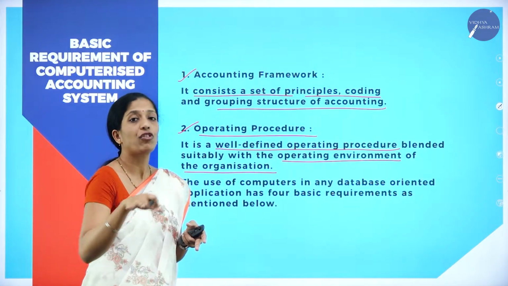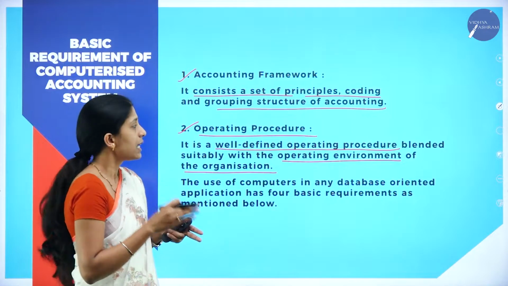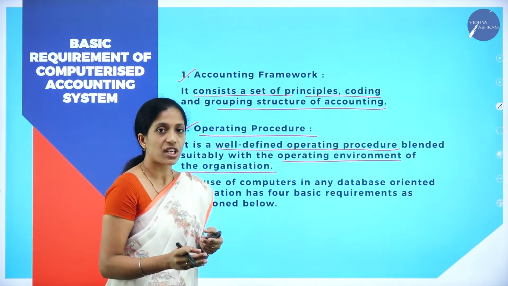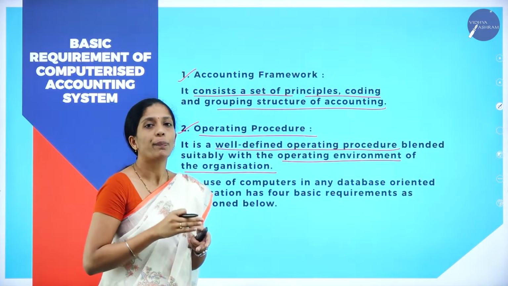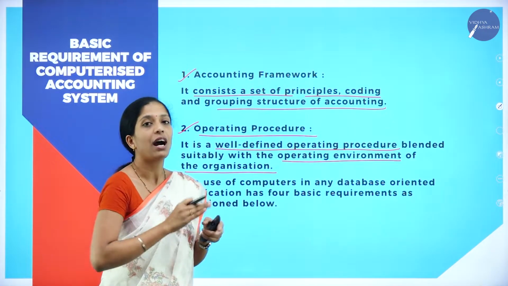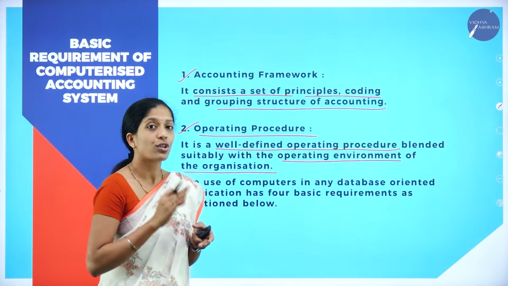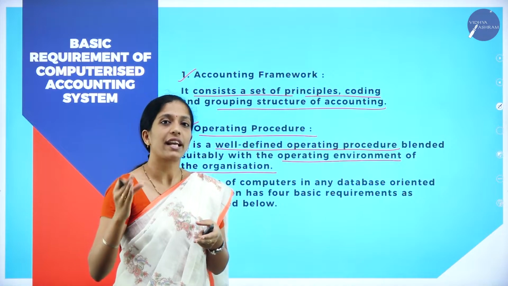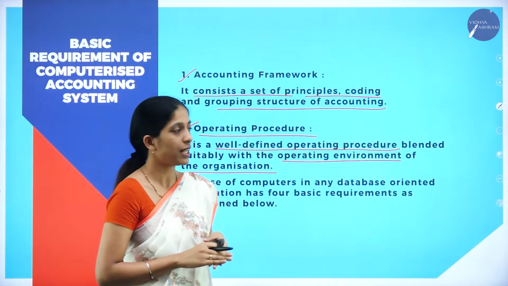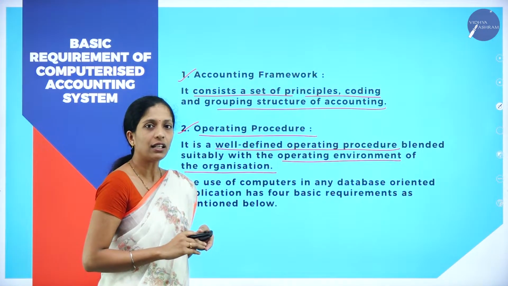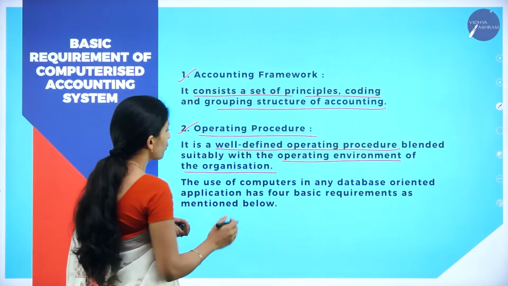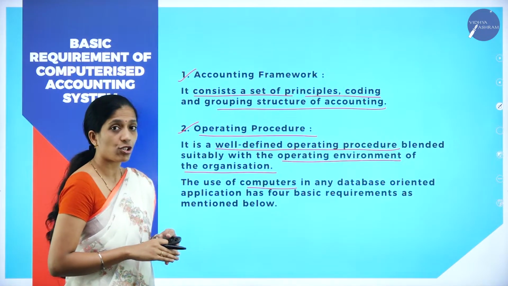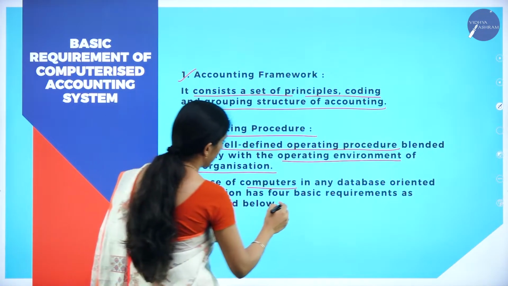So it is a step-by-step procedure that covers the operating environment of both hardware as well as software. That combination of hardware as well as software while processing the data into meaningful information is called operating procedure. So the use of computers in any database oriented application has 4 basic requirements.